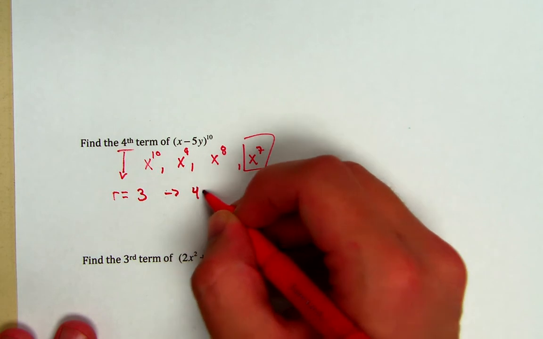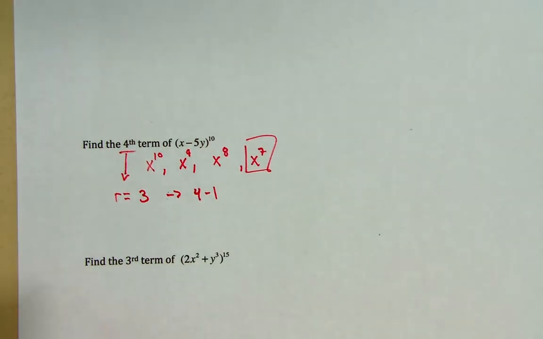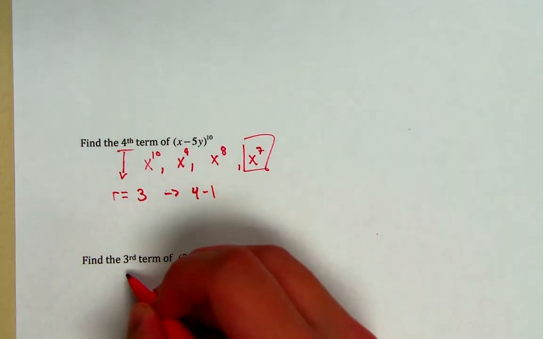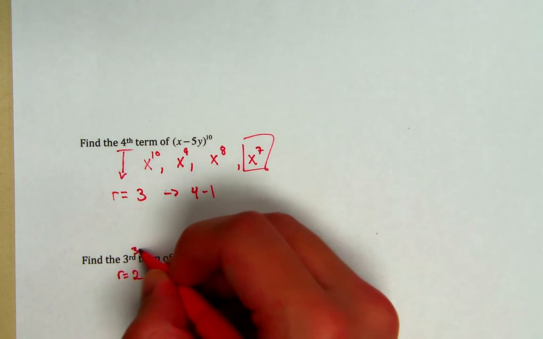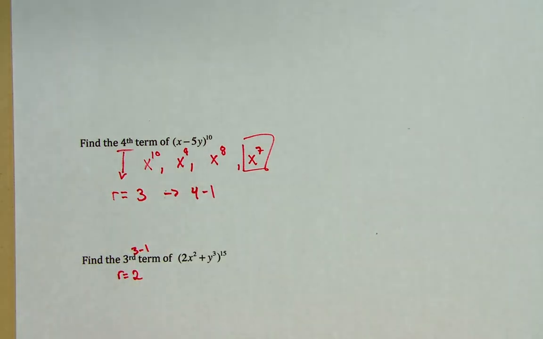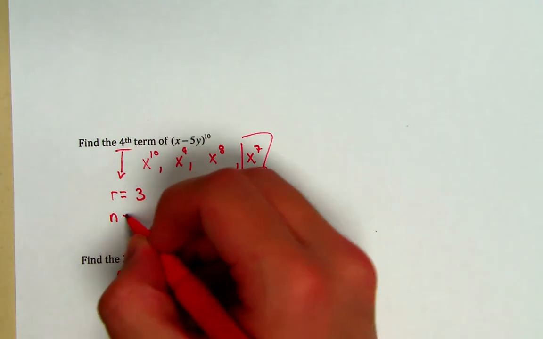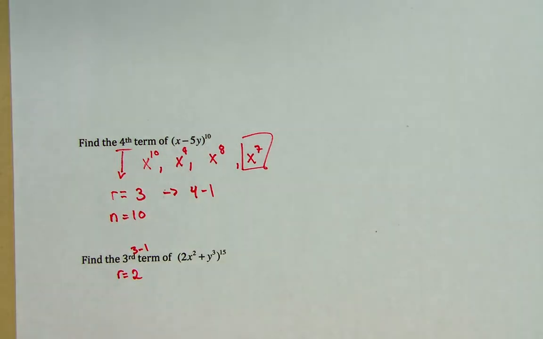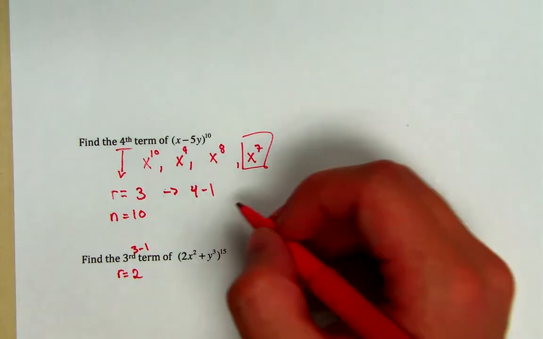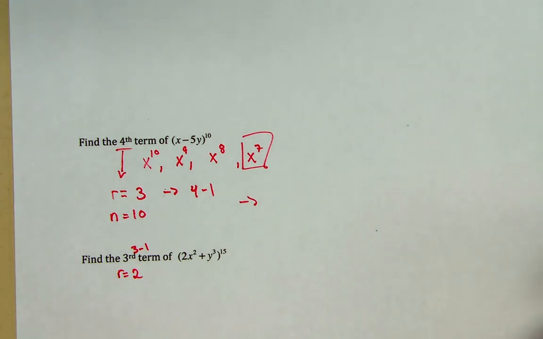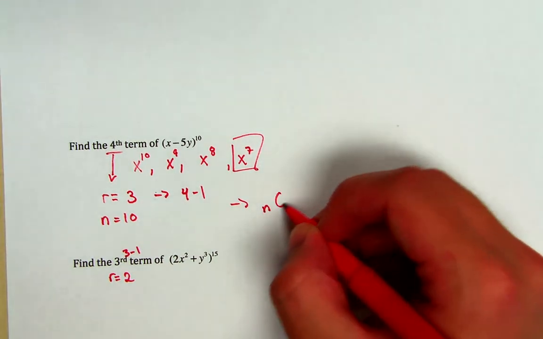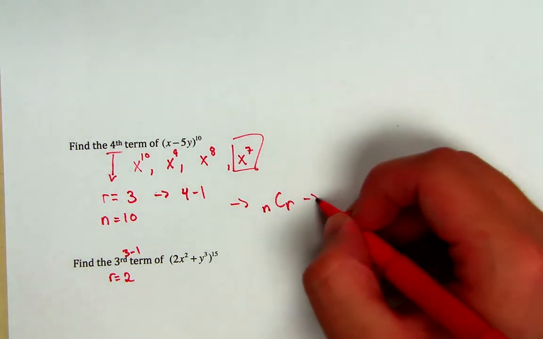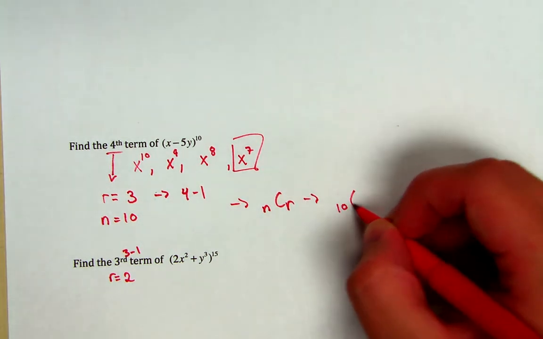How do I get there? I do 4 minus 1. You're always going to do 1 less than what you want. So third term, you're actually going to have r equals 2, because you need to do 3 minus 1. Alright, n, we know n is 10, because that's the highest it goes. I can just pop that into the summation formula without even writing it, because I know n choose r should be 10 choose 3.